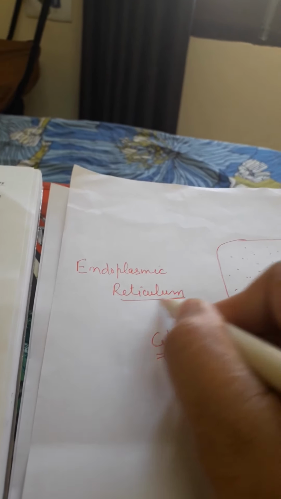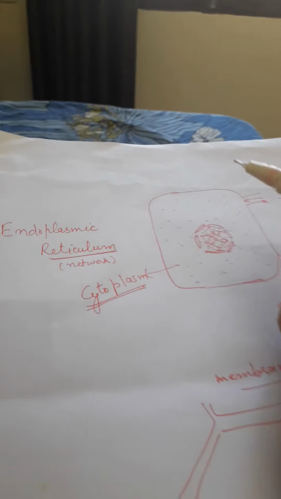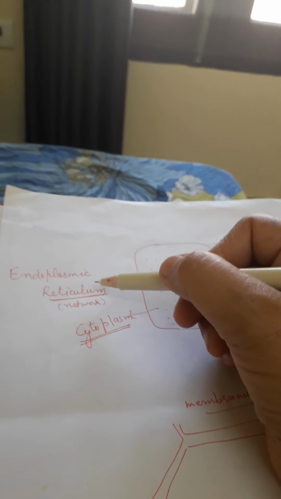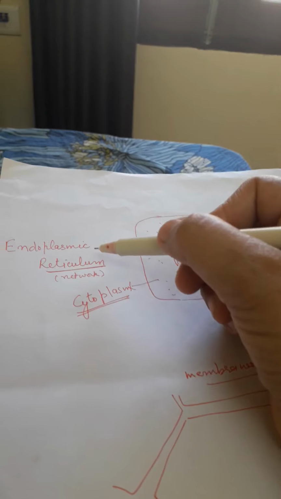The name reticulum is given due to network. Reticulum means network. This endoplasmic reticulum, this organelle, is so small that it can be seen only under an electron microscope.